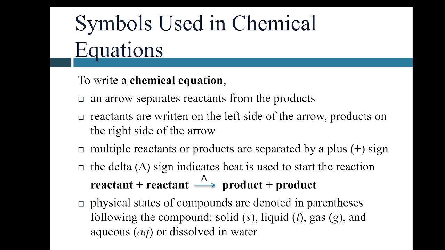Okay, so if we list the states, that's going to be parentheses S for solid, parentheses L for liquid, parentheses G for gas, parentheses AQ for aqueous. Anybody know what aqueous would mean? Yeah, aqua, water, right? Dissolved in water. That's given a special designator because it's extremely common.